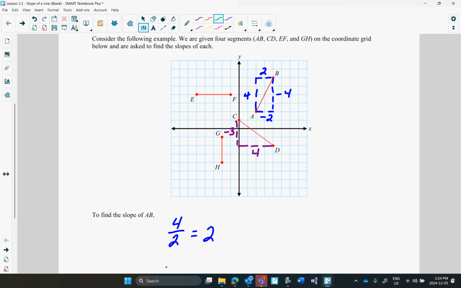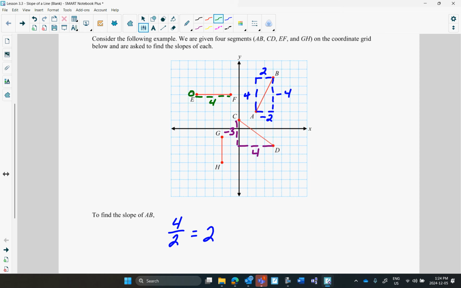What about E to F? How much do I rise to get from E to F? 0. I don't move at all, do I? Okay. And how much do I run? 4 positive? Yeah, it's positive because I'm moving to the right.